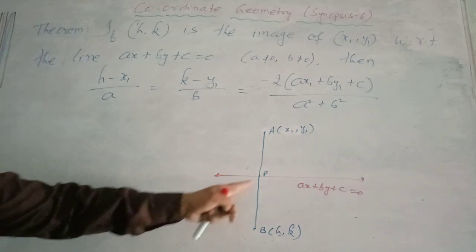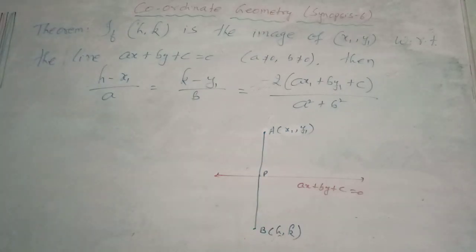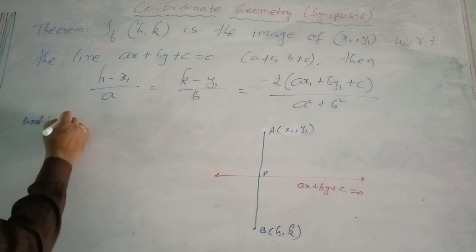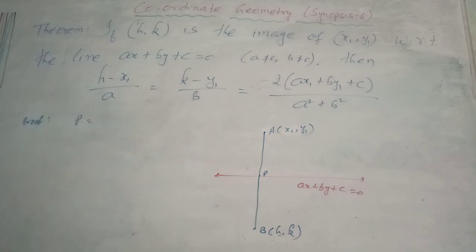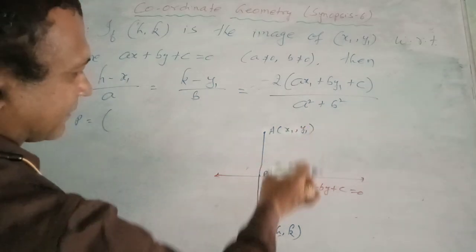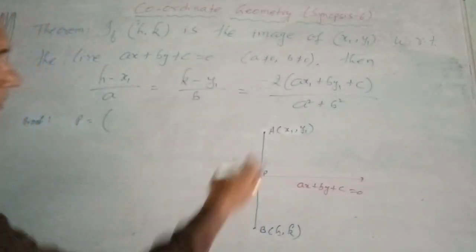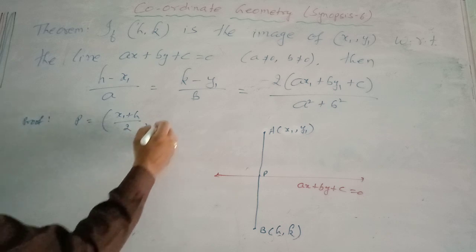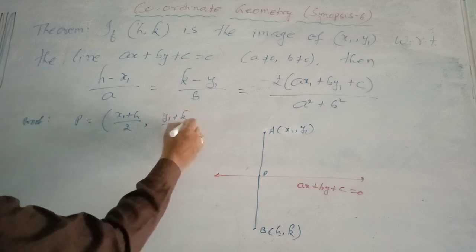Now P is the midpoint of AB, so first we will find the midpoint of AB. Let's prove this. The coordinate of P, that is the midpoint of AB, is (x1 plus x2) by 2, (y1 plus y2) by 2. So I can write here (x1 plus h) by 2, comma (y1 plus k) by 2.